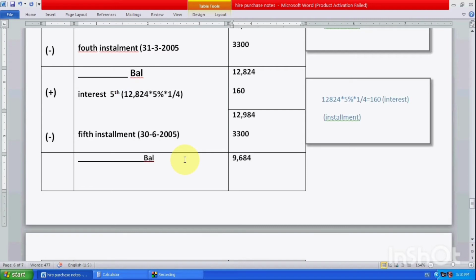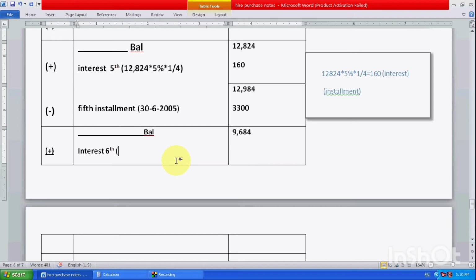Now add the interest, sixth quarter. That is 9,684 into 5% divided by 1 into 1 divided by 4.